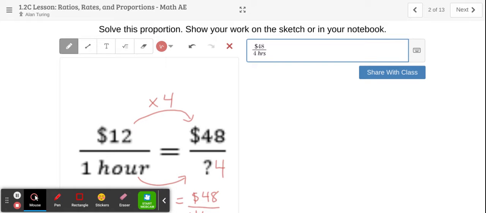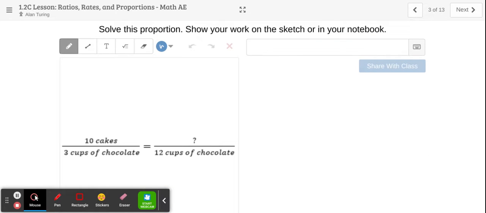Okay, slide 3. 10 cakes to 3 cups of chocolate is equivalent to how many cakes to 12 cups of chocolate? So what do you multiply 3 by to get 12? 3 times 4 is 12.